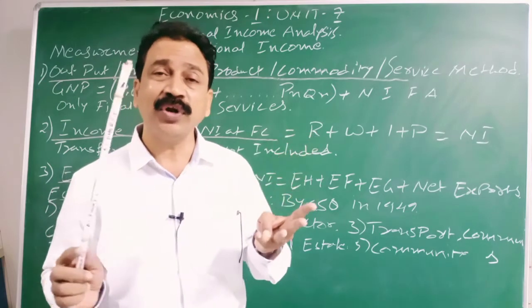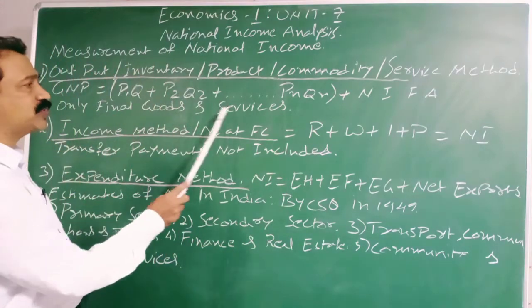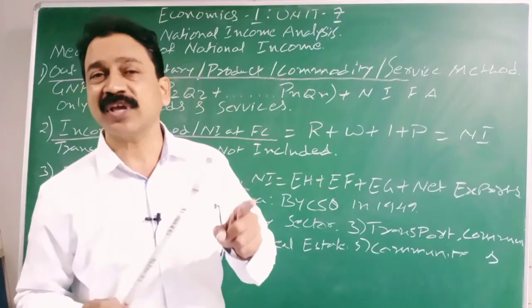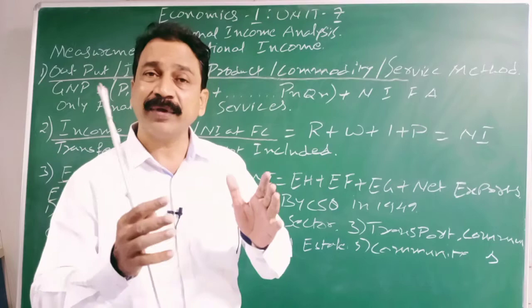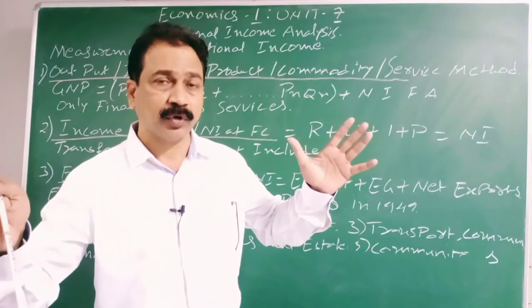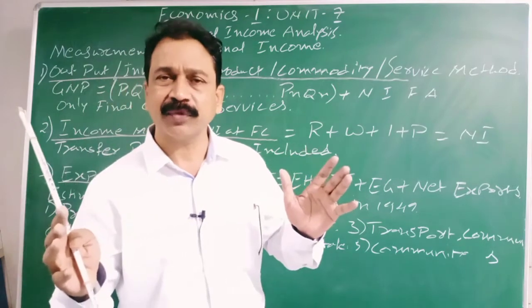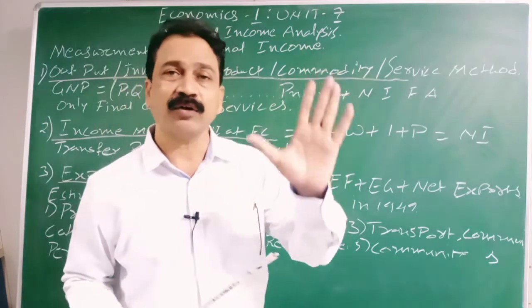So that's why only final goods and services have to be calculated. Otherwise, you will be calculating the same thing again and again. So automatically national income will be inflated. To decrease the chances of this inflating, we calculate only final goods.